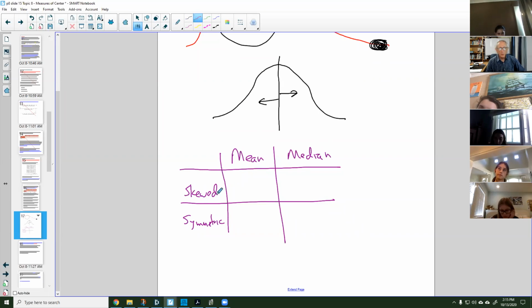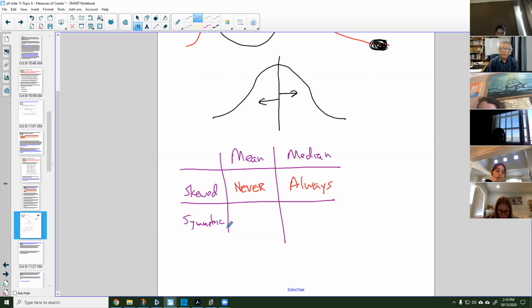When you have a distribution that is skewed, you never use the mean. The mean is irrelevant when you have a skewed distribution. It's going to pull it one way or the other, so it's not a very helpful statistic. If the distribution is skewed, you always use the median for the center.